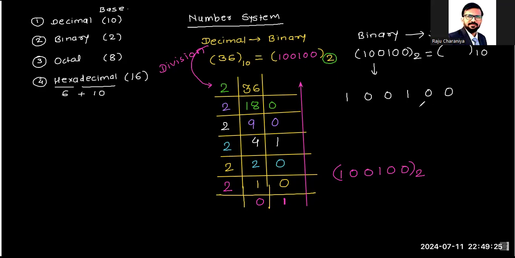Now, the very important thing to remember is that in the binary number system, the place value begins from the rightmost side. So this is the first place, we'll write 1 here, then it gets doubled each time. The next place value will be 2, then 4, then 8, then 16, and after that we get 32.